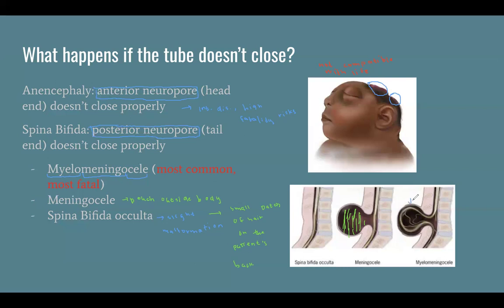If the pouch pops, or the pouch gets infected, or there's a lot of strain on the spinal cord when it grows outside of the body, stretched in ways that it should not be stretched, often this results in very harmful consequences and is not compatible with life, unfortunately.